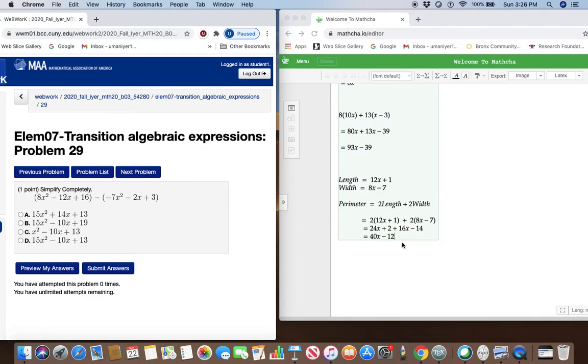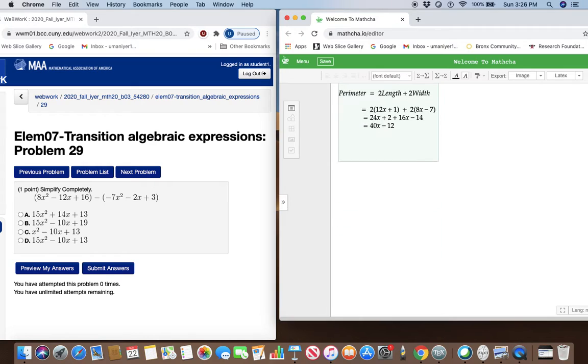Next, simplify. That is the same as (8x² minus 12x plus 16) minus (negative 7x² minus 2x plus 3).